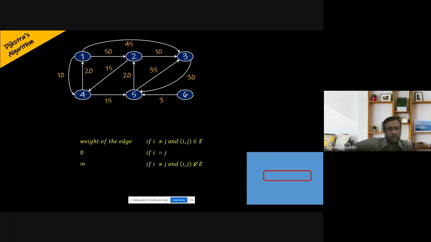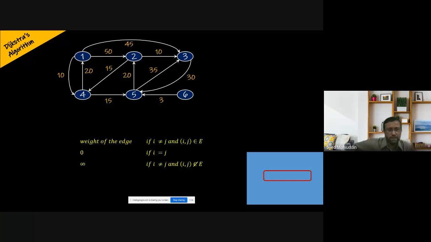That is, we say that directly we cannot reach that vertex. But if there is a direct edge between two vertices, then it has some cost or a weight.